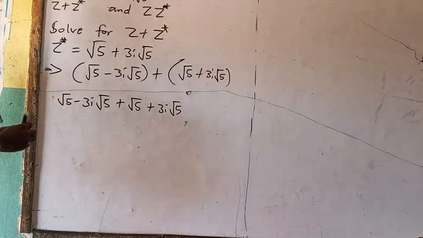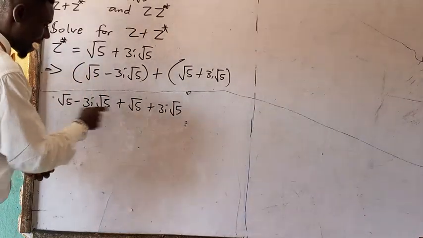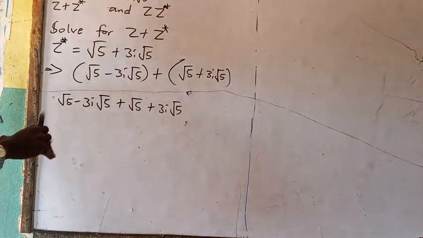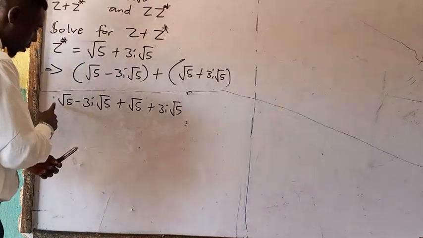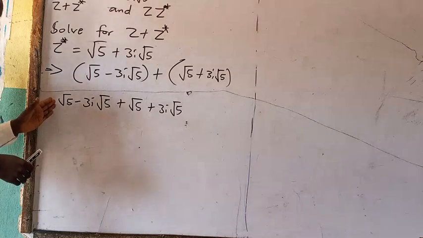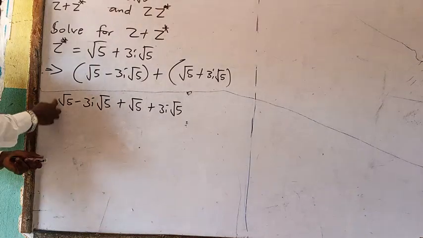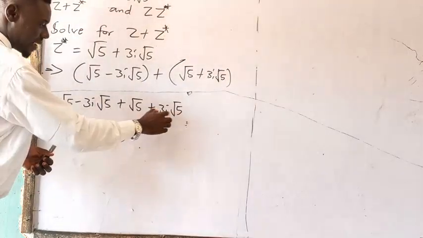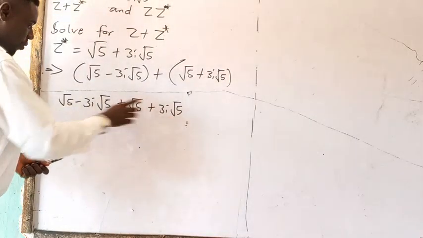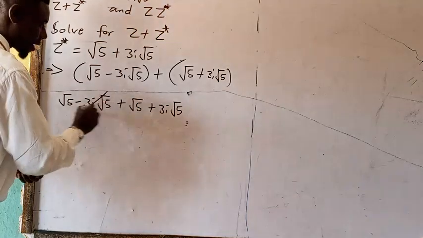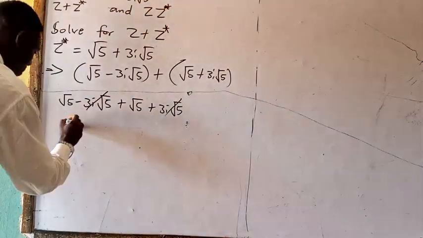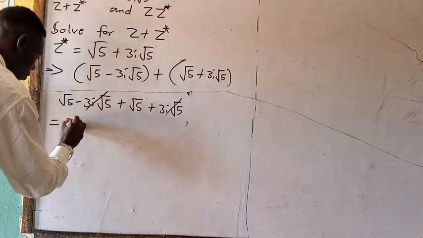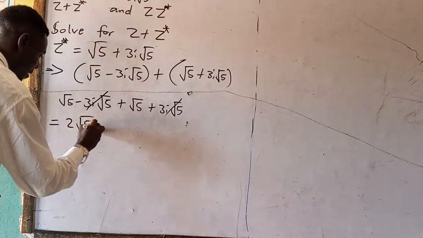Now observe. If a value has only root, know that there is one in front. But observe this i: this 3i root 5 is plus, and this one is minus, so we cancel this. So we end up having 2 root 5 as our final answer.